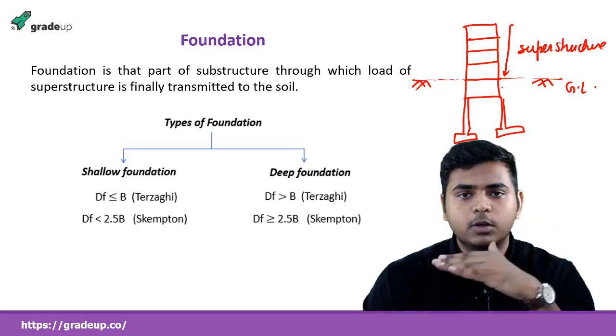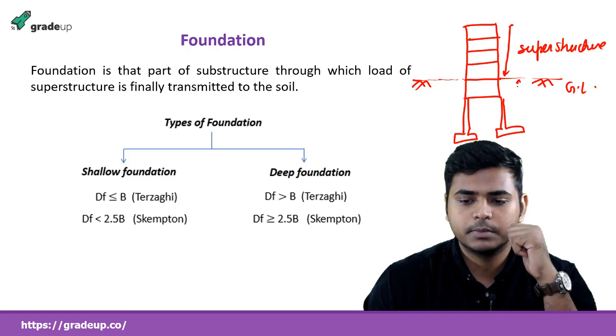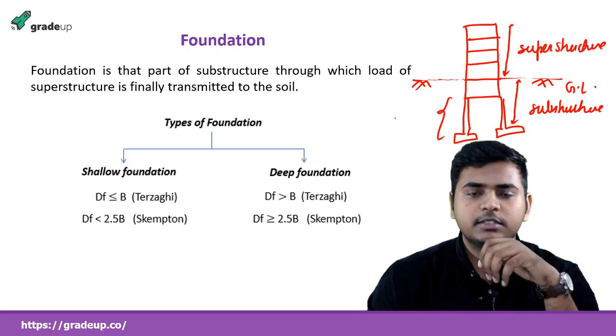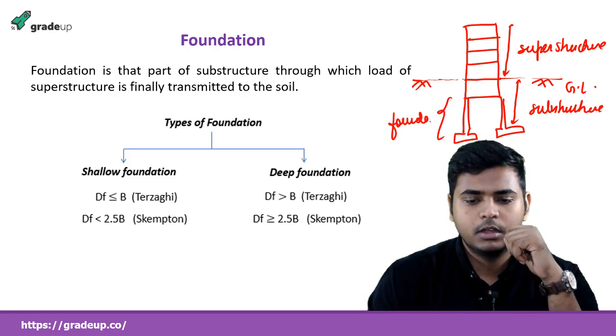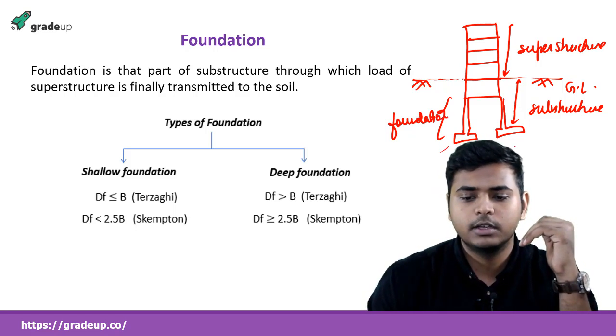And the part which lies below, that is the basement area or the foundation, that comes in the substructure. Okay? And this part, this is the foundation, which is used to transfer the load of superstructure to the ground. Okay?